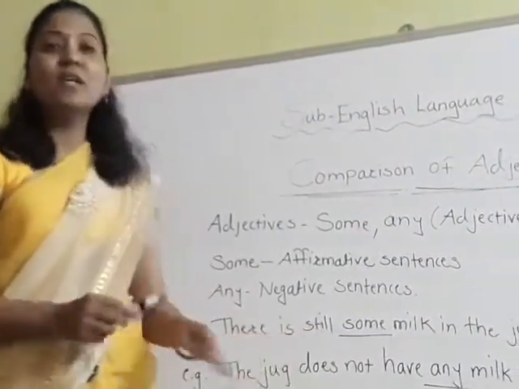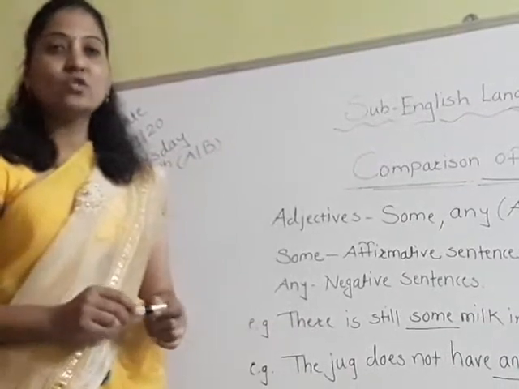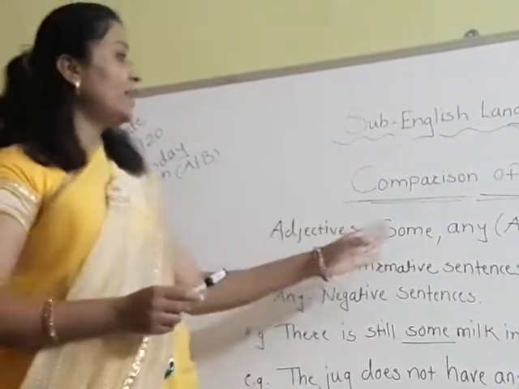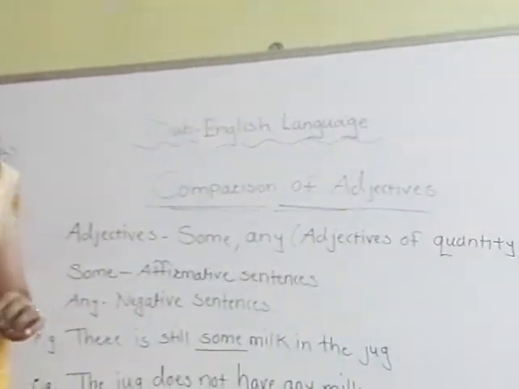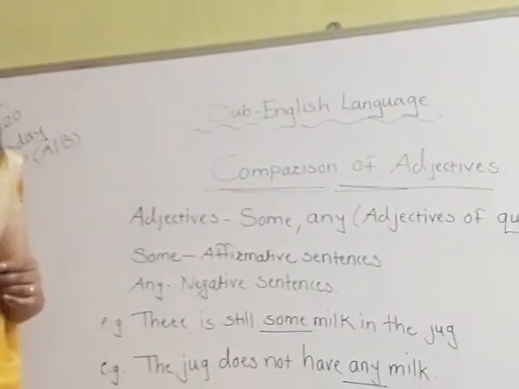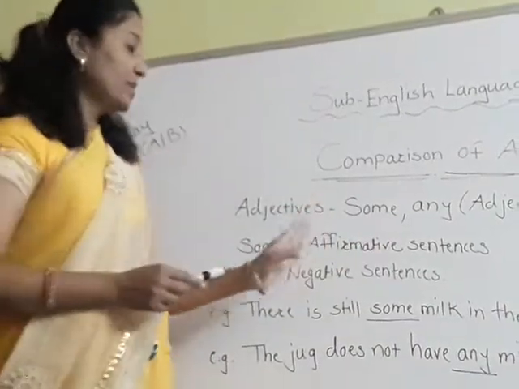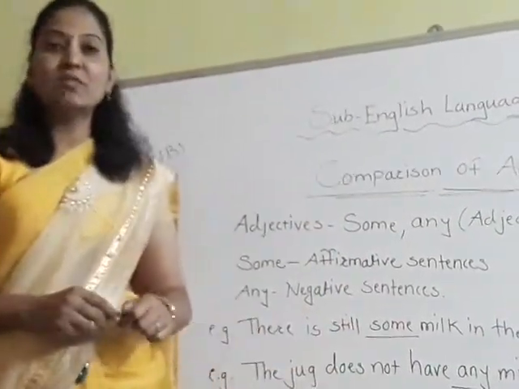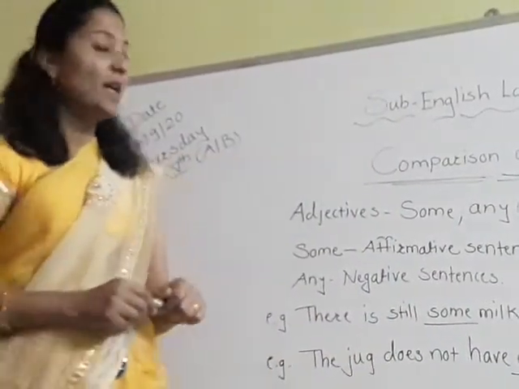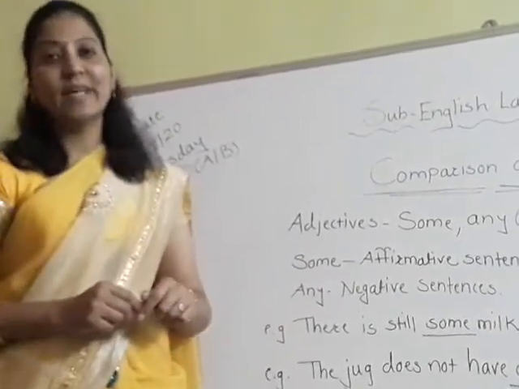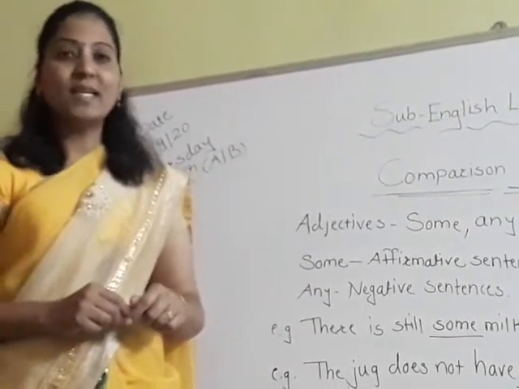There isn't any milk in the jug. So have you understood? Some and any, these are the adjectives of quantity. They show us the quantity of the things. But some is used in affirmative sentences, positive sentences, and any is used in negative sentences. So let's move further.